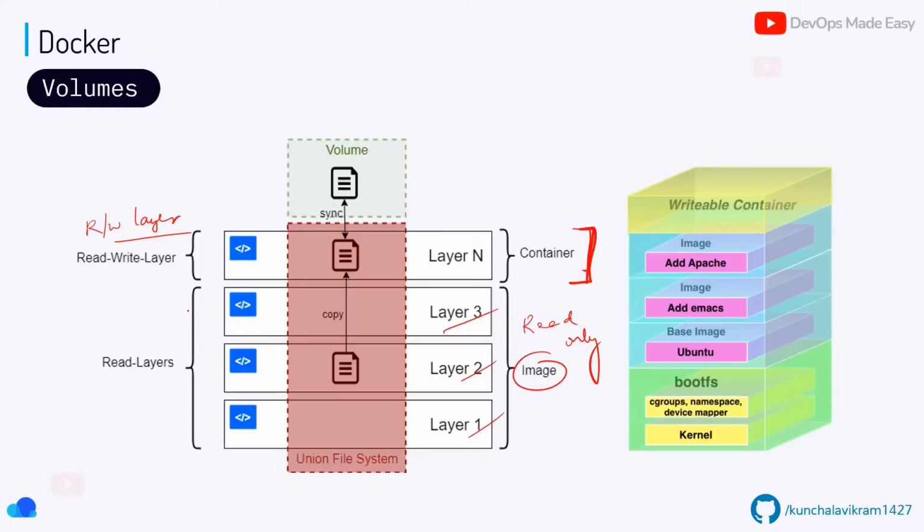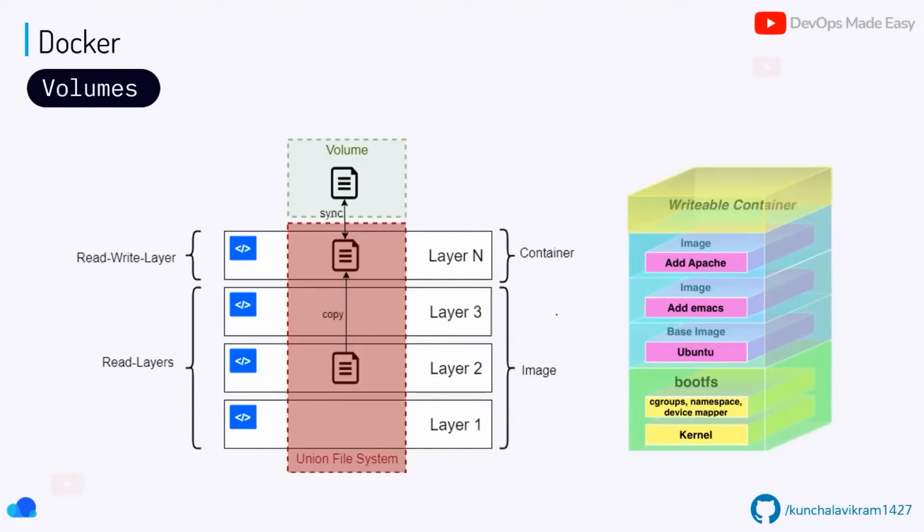You won't find all these layers separately; all these layers will appear as a single file system. That's the reason it is called a union file system. You will not see the different layers, like the read-only layer or read-write layer, inside the image or the container. It is all unified.